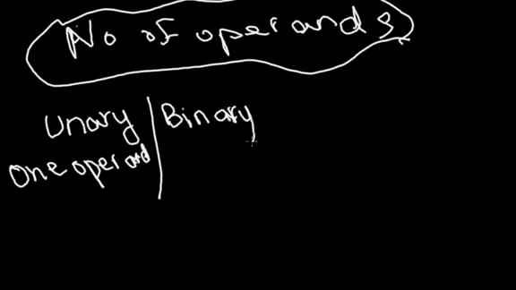There's one that's called unary, which means one operand. There's binary, two operands.